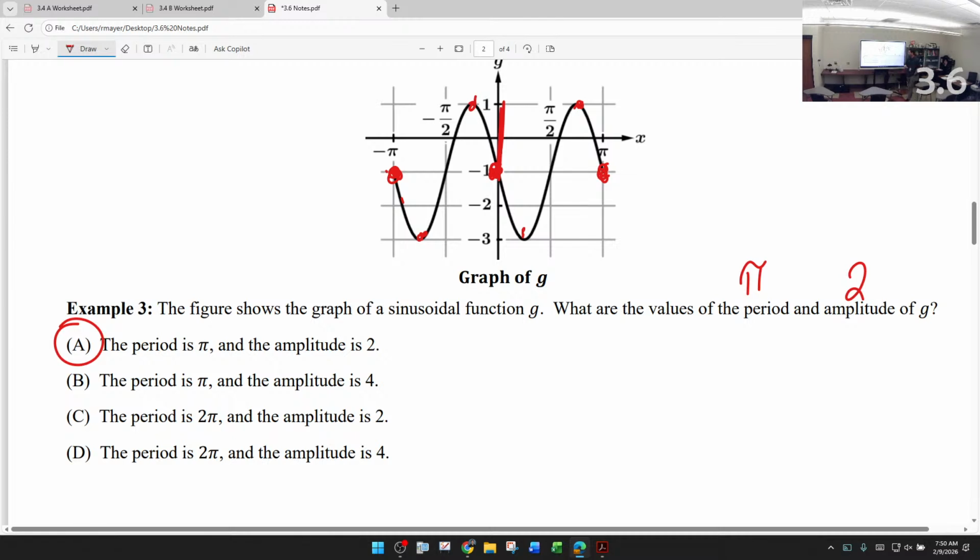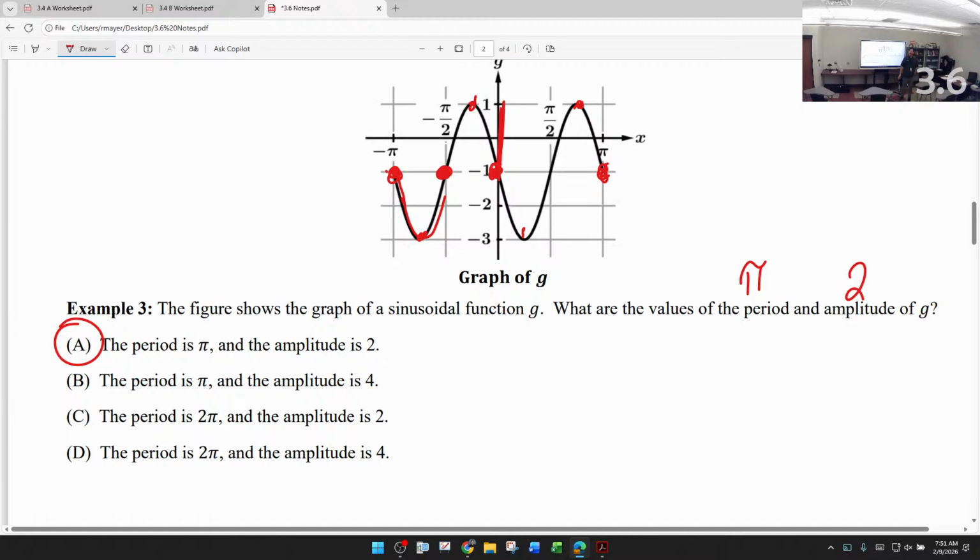Okay? Beautiful. Again, notice this graph though. If I start right here, I would use sine, but A, not the amplitude, A would be negative because I'm going down instead of up. If you wanted to start here, that's good.